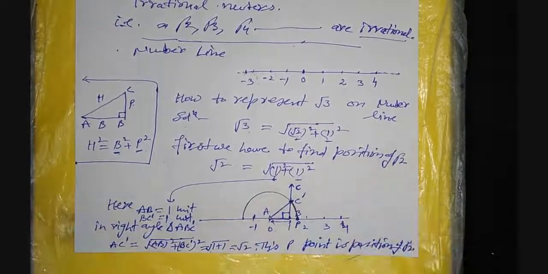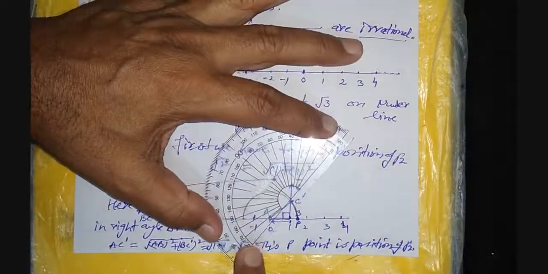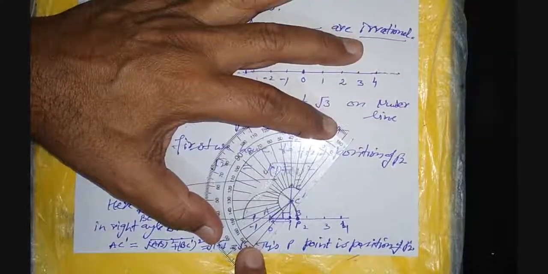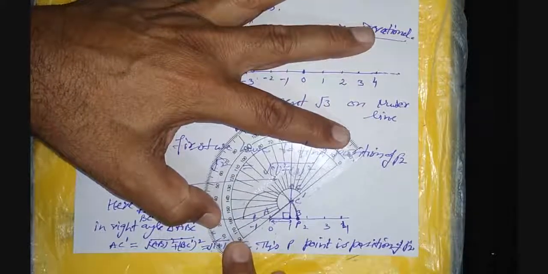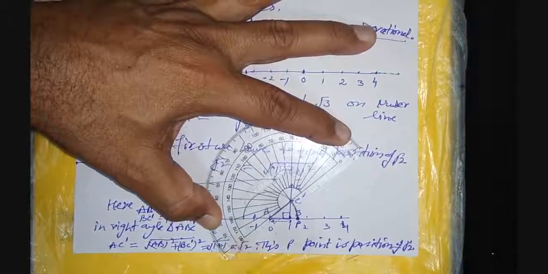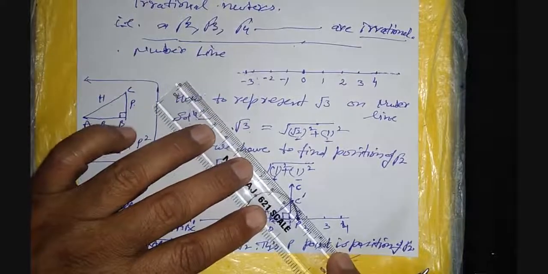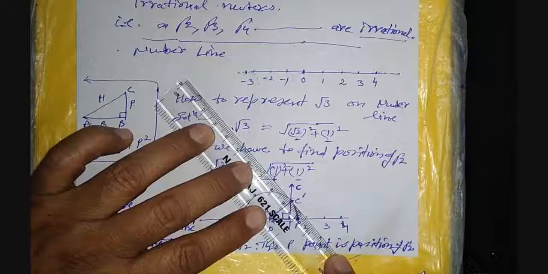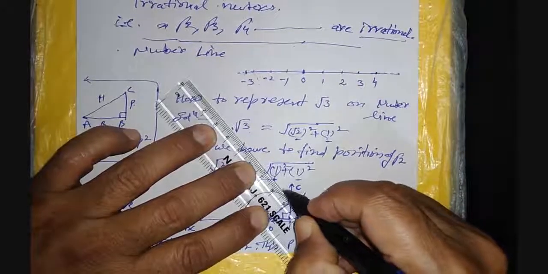In the process we have to take a vertical line, taking this C dash as origin, keeping distance again 1 unit.